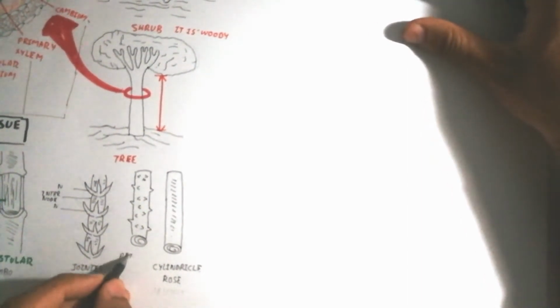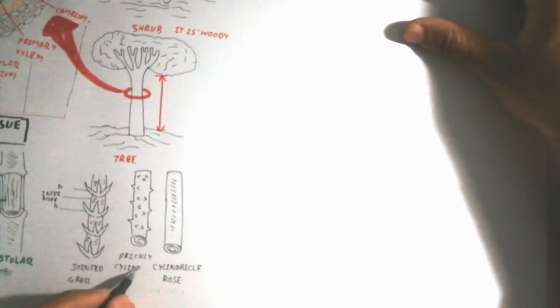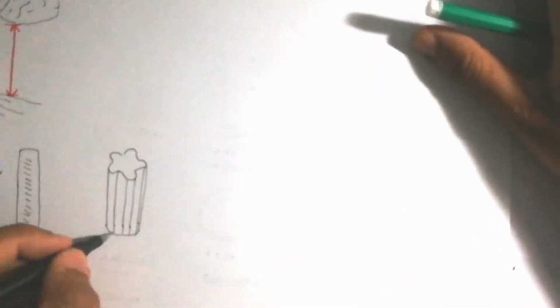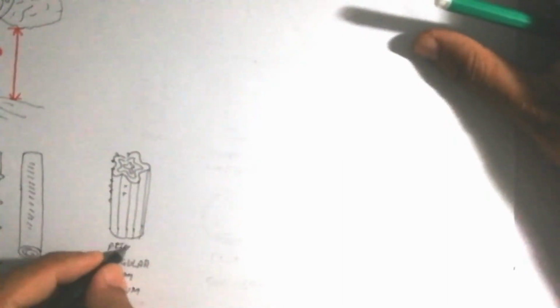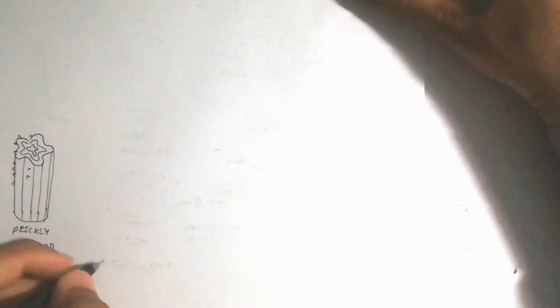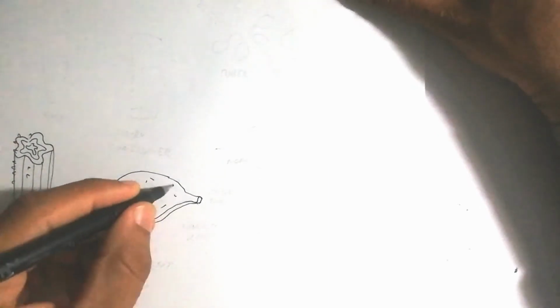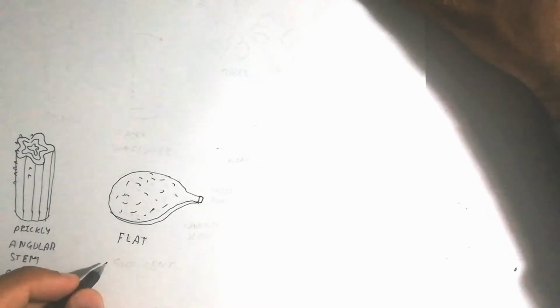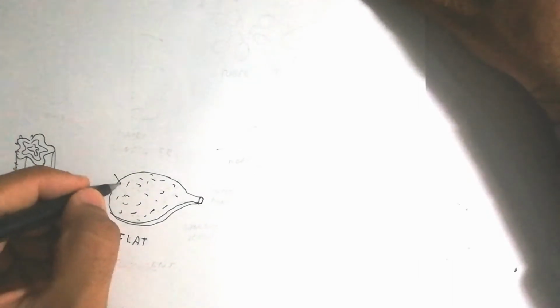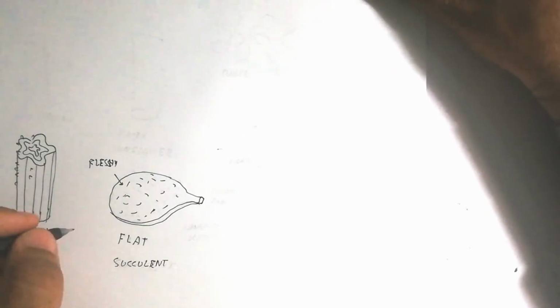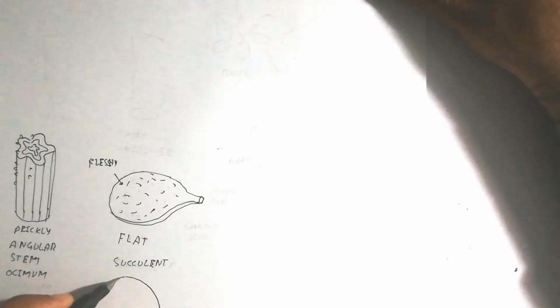So here is the jointed stem, jointed as in grass. Here is the prickly and cylindrical stem, like the rose flower stem. Prickly is an angular stem, and here is the flat stem.